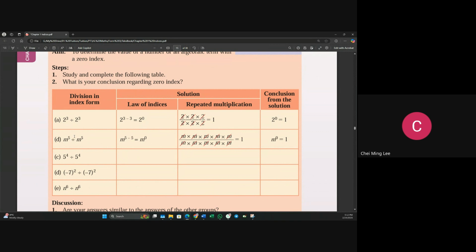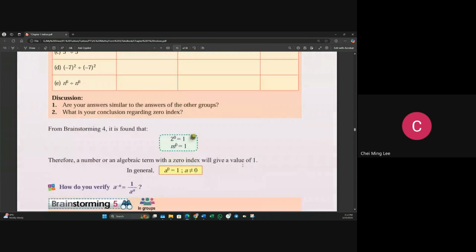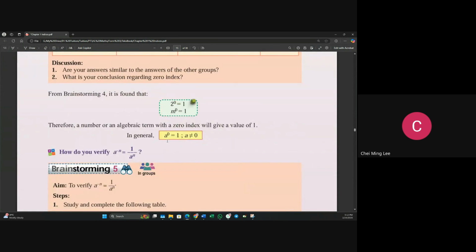Now, m to the power of 5 divided by m to the power of 5, same goes here. You can simplify top and bottom, so it becomes 1 as well. So m to the power of 0 will be equal to 1. So in short, no matter what, a to the power of 0 is equal to 1, but with a condition: a cannot equal 0.